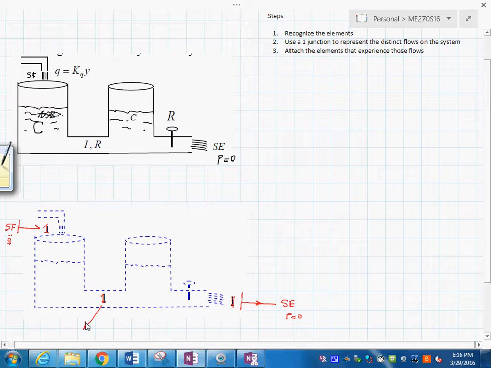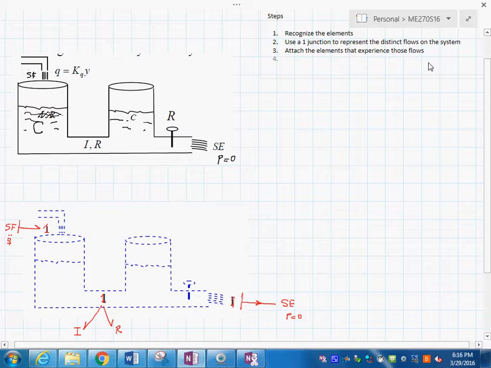Then the next step that we do is to use a zero junction to represent the differences in flows.